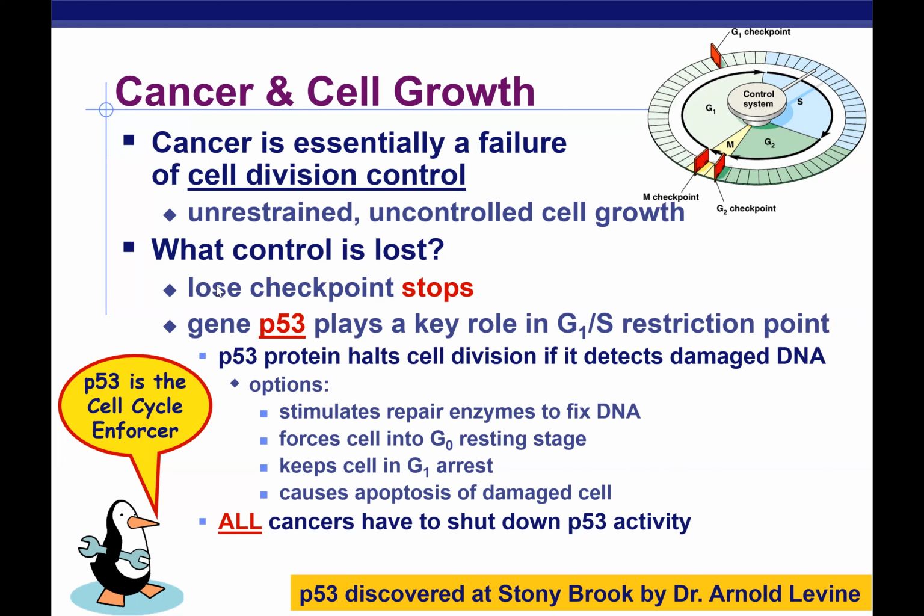When a cell starts dividing uncontrollably, these stop controls are gone. The cell doesn't know when to stop and where to stop. So it starts continuous division, because the checkpoint control is lost.